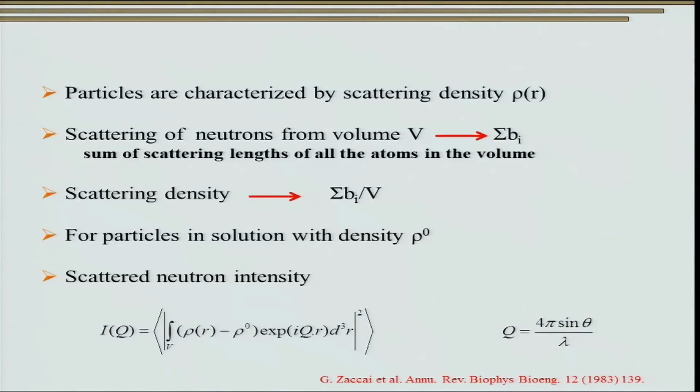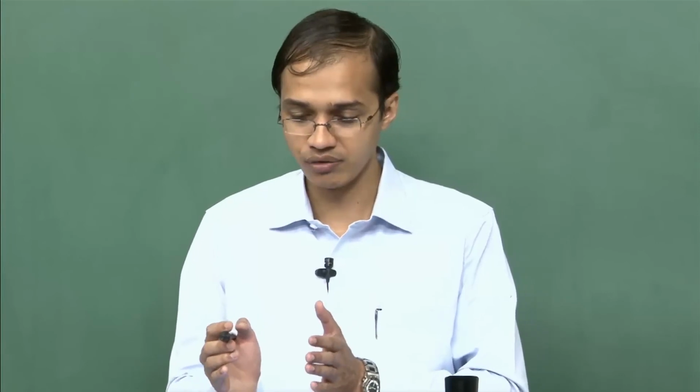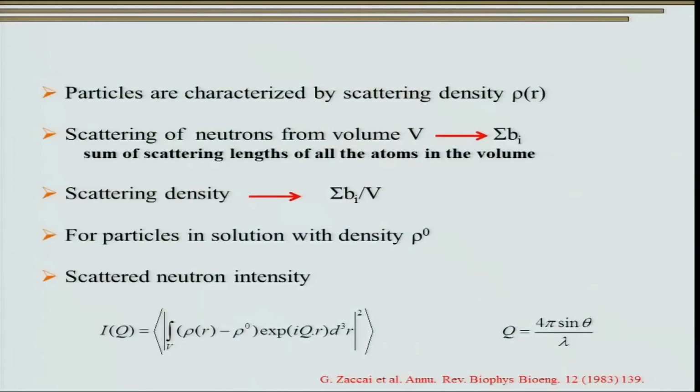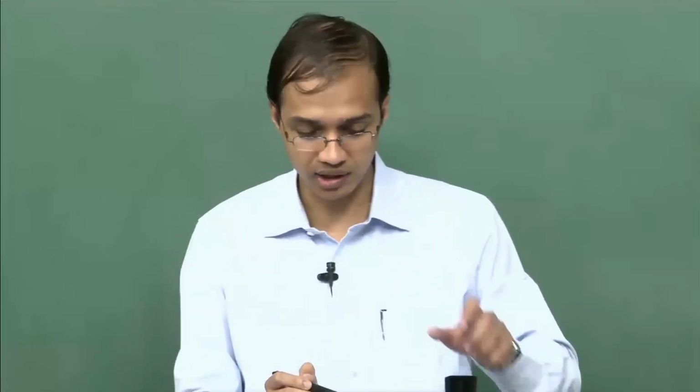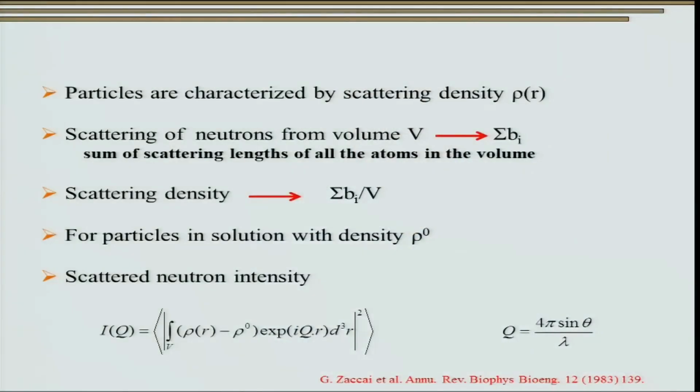So, if our neutrons were to pass through a solution comprising a solvent of scattering density rho 0 and a particle with scattering density rho of r, where r is a function of the location in the particle, the intensity that we get can be given by this formula. Mind you, look at what we have over here.